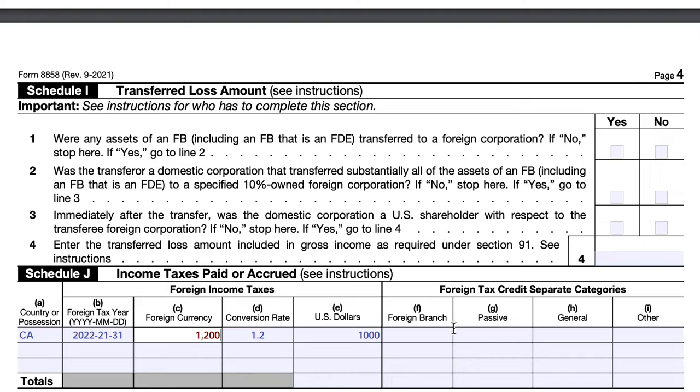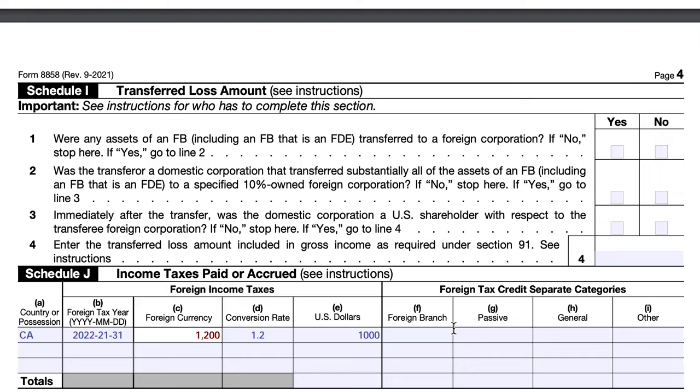So in this case, you would not put anything different here. However, you would need to refer to categories of income based on the instructions for IRS Form 1118 or 1116.